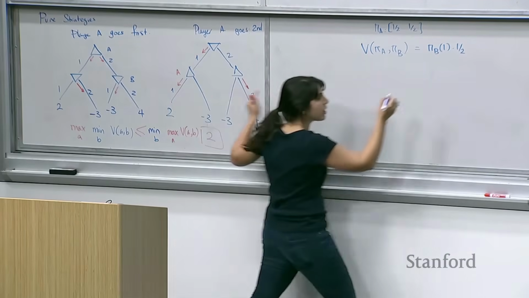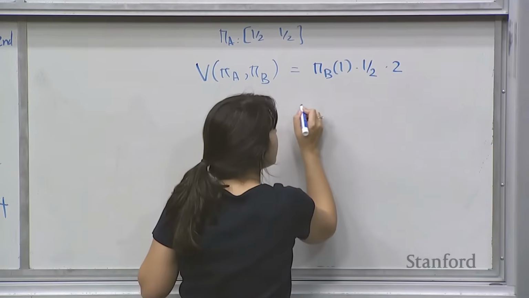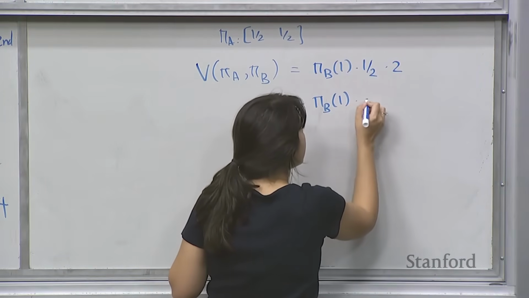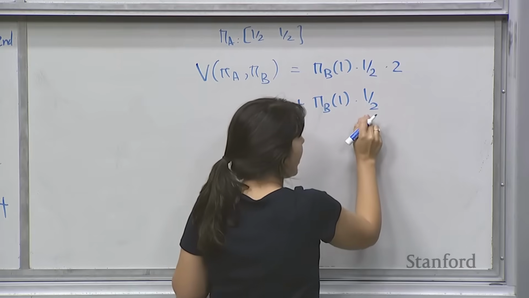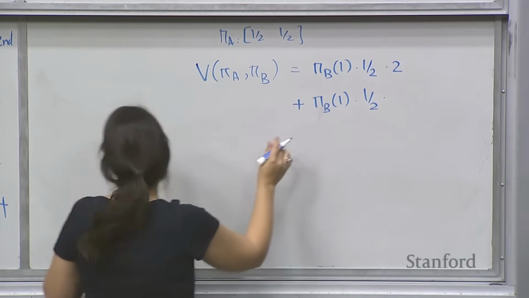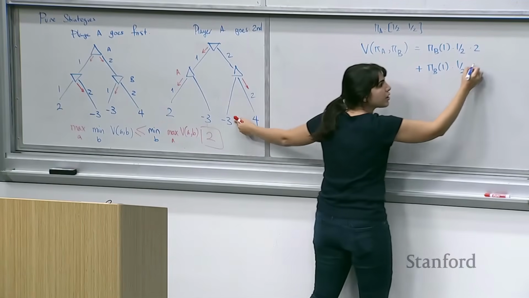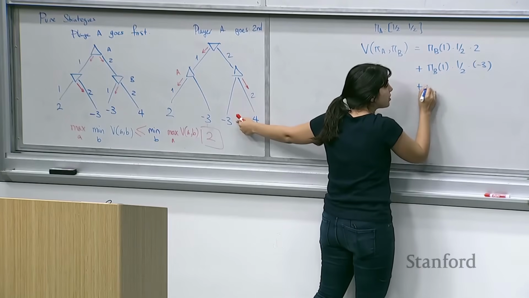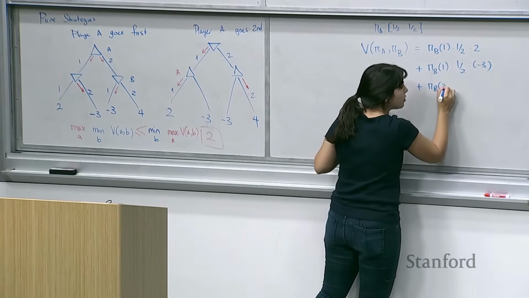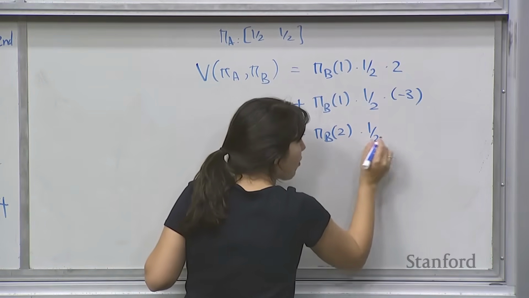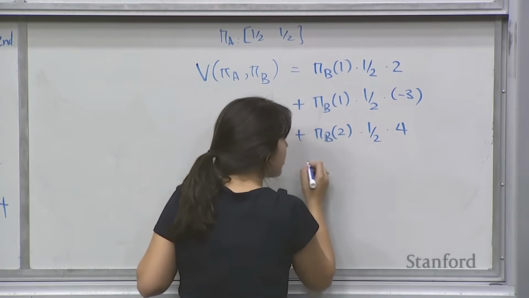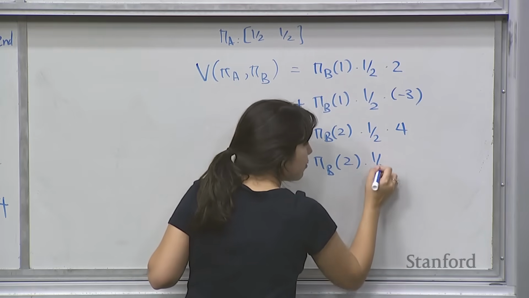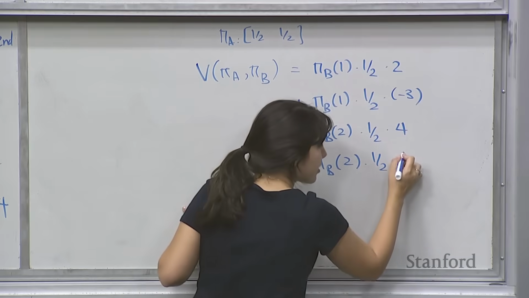If it is 1, 1, we are going to get 2, right? Plus pi B choosing 1, pi A with 1/2 choosing 2, and we're going to get minus $3, plus pi B choosing 2 times 1/2 pi A choosing 2, we're going to get $4, plus pi B choosing 2 times pi A choosing 1, and that's minus $3.